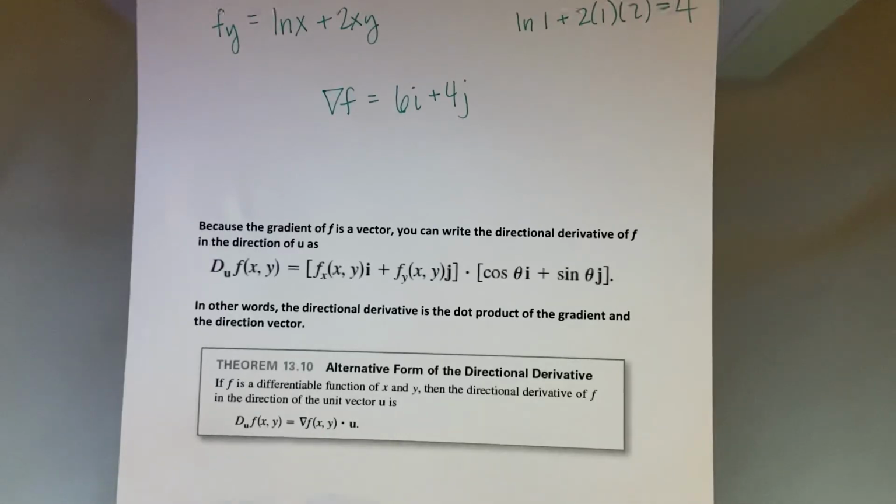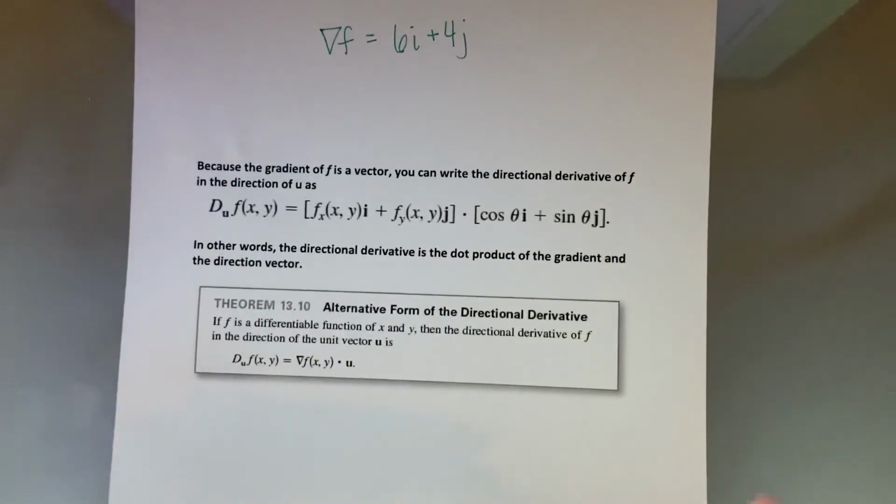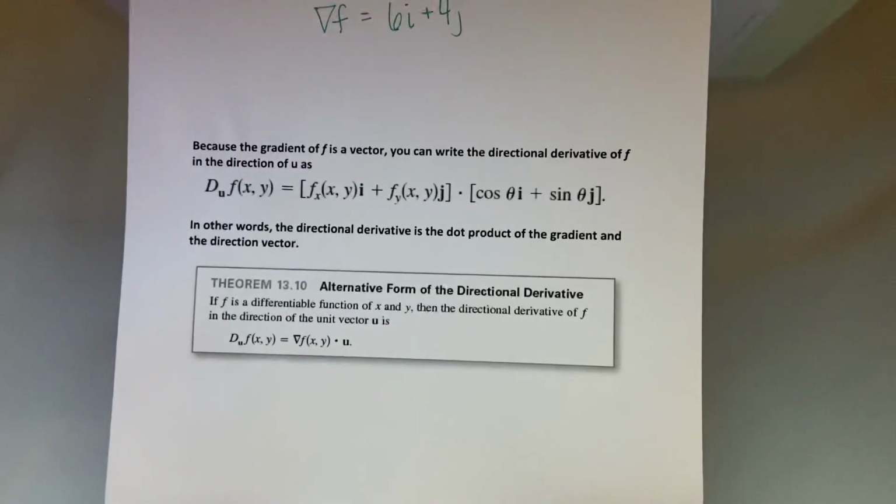That would make a dot product. So the last theorem on this page is: if f is a differentiable function of x and y, then the directional derivative of f in the direction of the unit vector u is D_u of f of x, y, which is the gradient of f of x, y dot product with the unit vector u. And we'll explore how this affects us more in the next video.